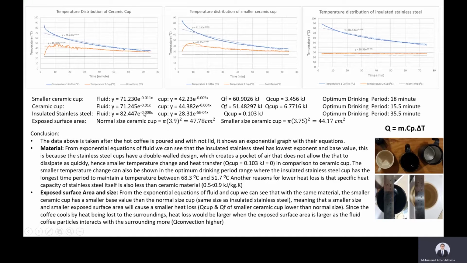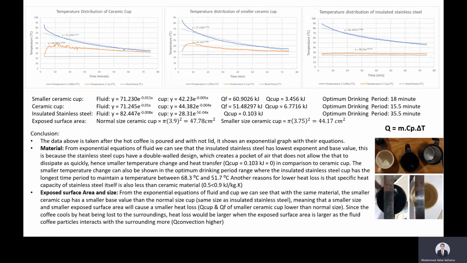This is because the stainless steel has a double wall design with a vacuum, which creates a pocket that doesn't allow heat to dissipate as quickly. Therefore, as you can see from the graph, there is a smaller rate of temperature change, and the heat transfer obtained of the cup is way smaller than the ceramic cups.